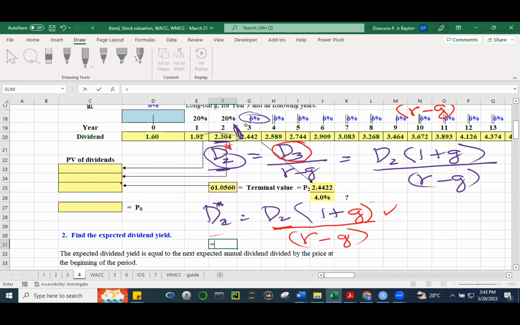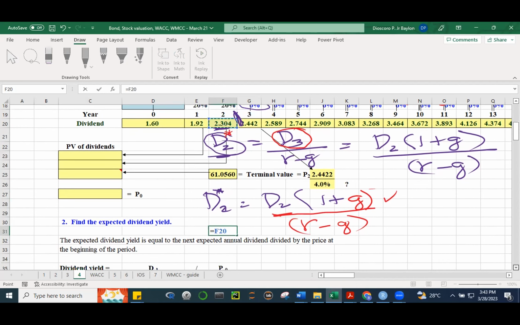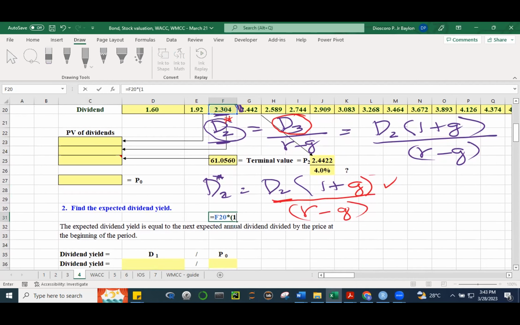either I use this dividend at year 2. Okay, hindi niya ma-access. Dividend at year 2, right? F20 on. And then I multiply that by 1 plus the growth rate, which is your GS, right? That's your GS.